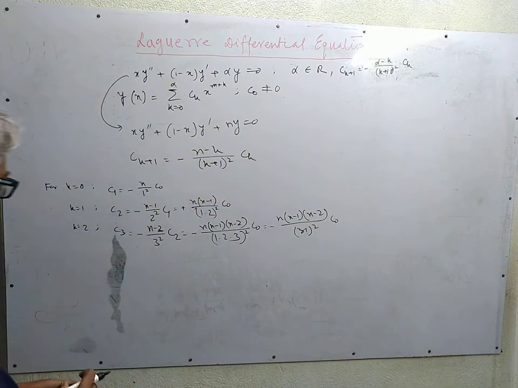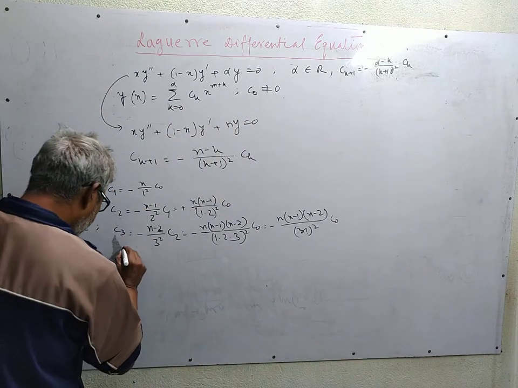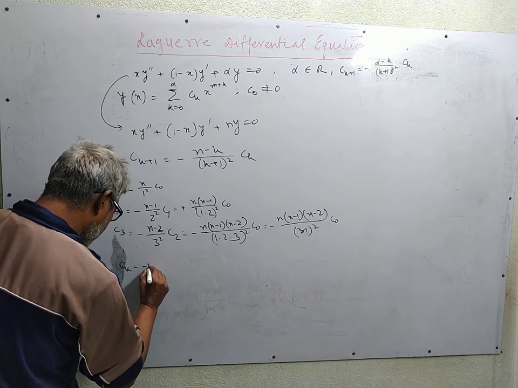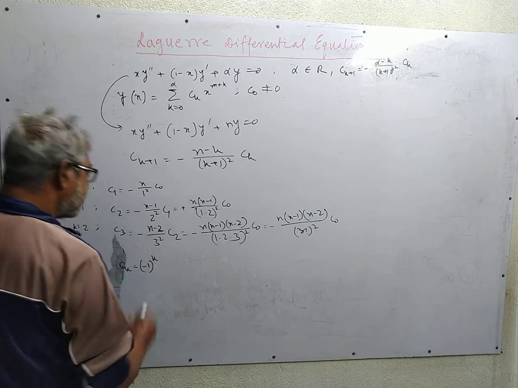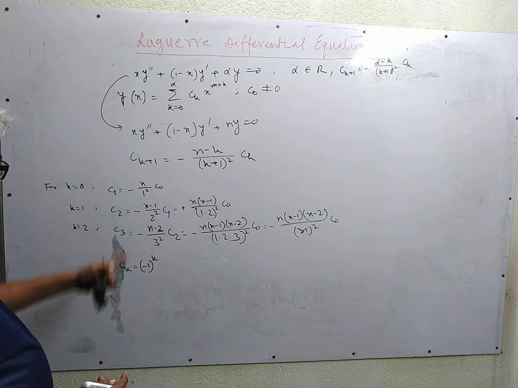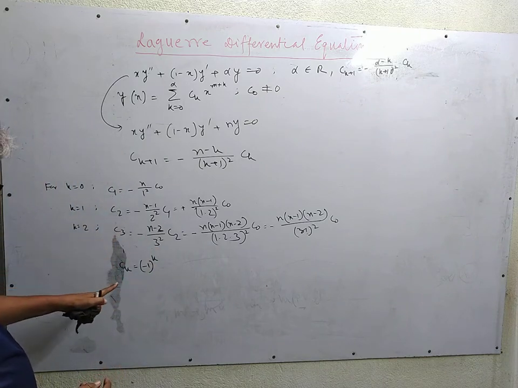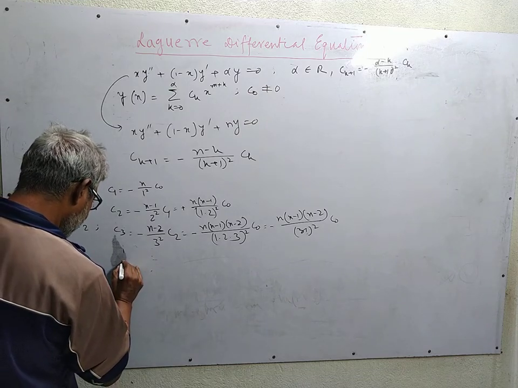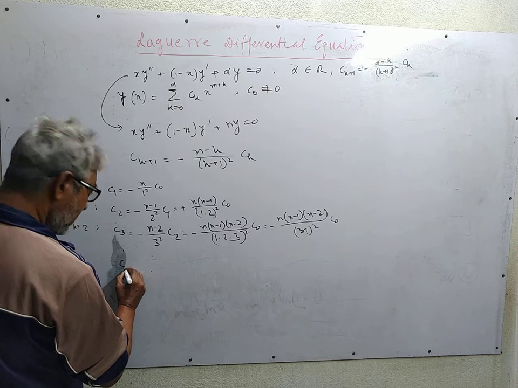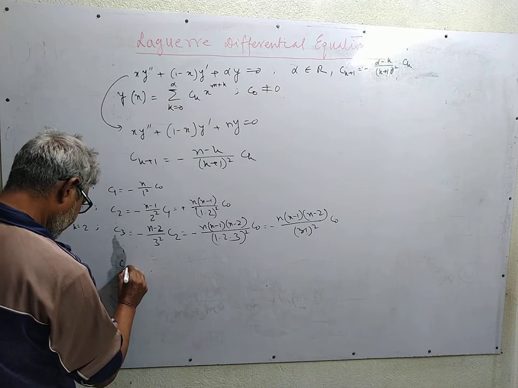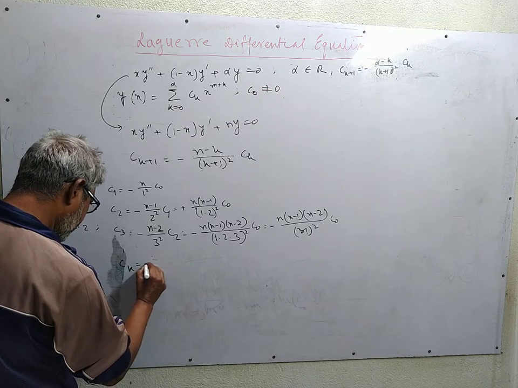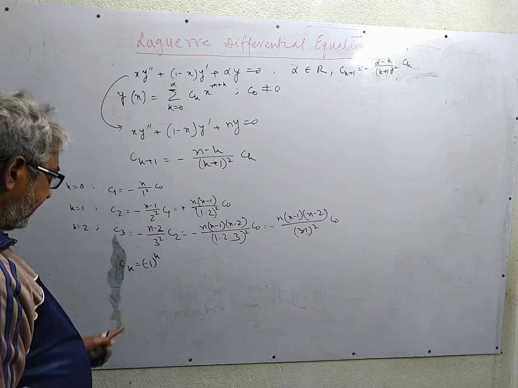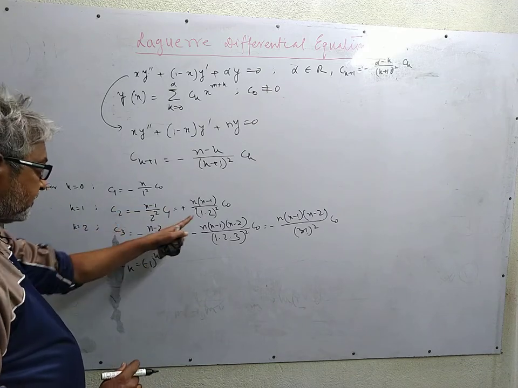So this is simply factorial 3. So this is minus n into (n minus 1) (n minus 2) over factorial 3 squared c0. We can find out in this way the general term. Going in this way, the general term ck is equal to minus 1 to the power k, because c1 is negative and c2 is positive.